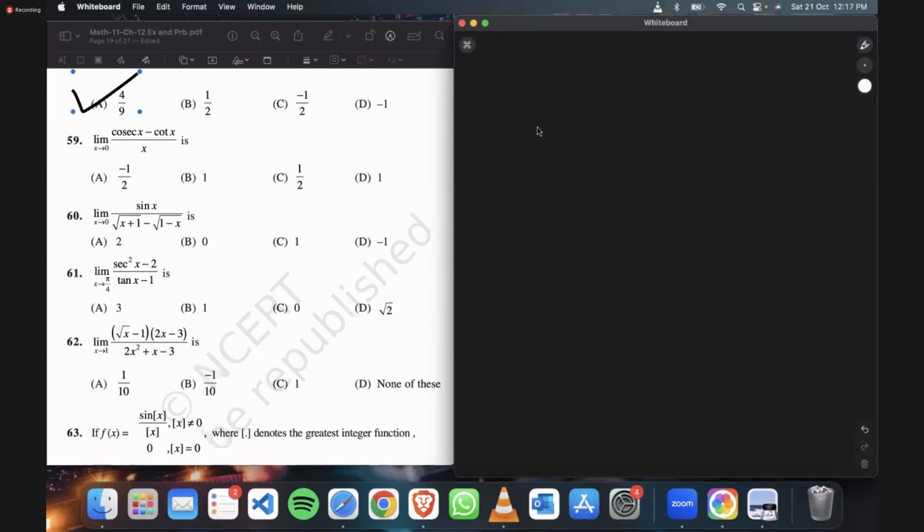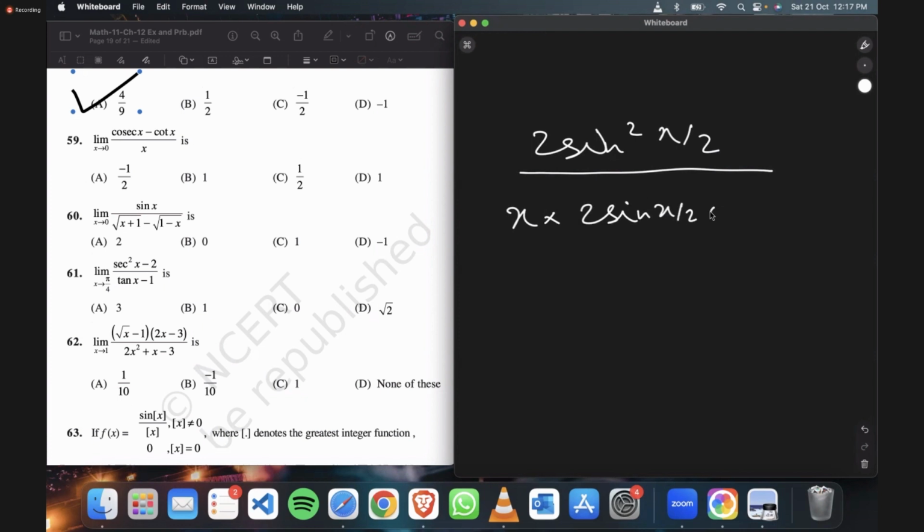1 minus cos x can be written as what? Again, 2 sin square x by 2. So 2 sin square x by 2 whole divided by x times 2 times sin x by 2 and cos x by 2. Okay, so limit of x getting equal to 0, there's a tan x by 2 over here, and there's an x over here.